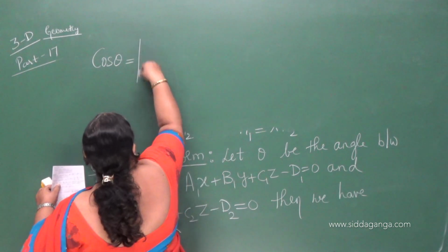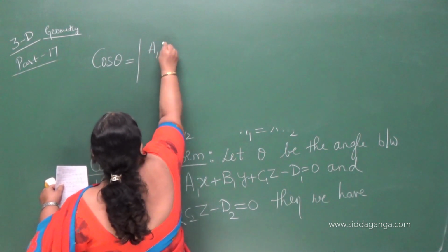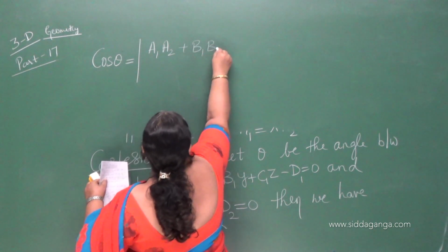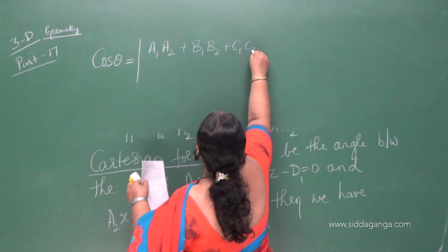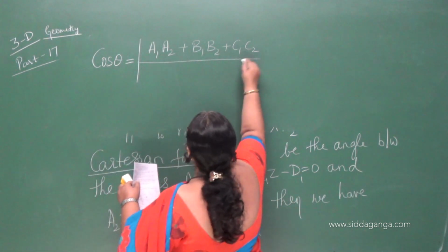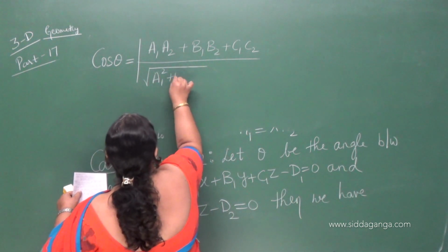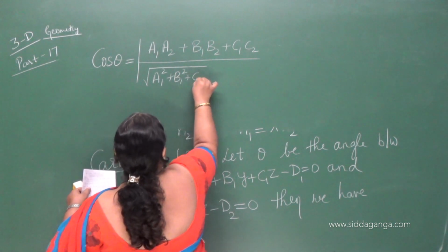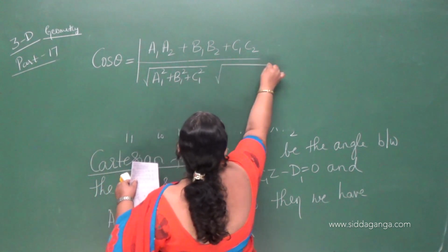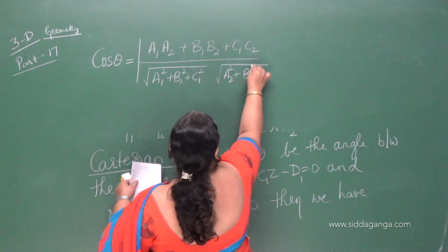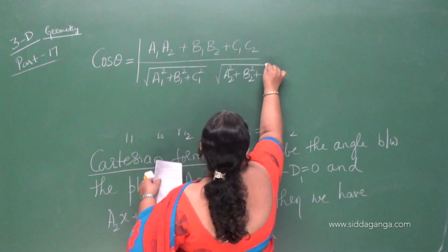Since we need the acute angle, we take the modulus. a1 a2 plus b1 b2 plus c1 c2 divided by root of a1 square plus b1 square plus c1 square into root of a2 square plus b2 square plus c2 square.